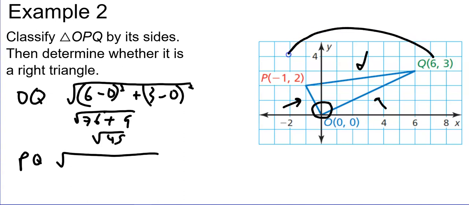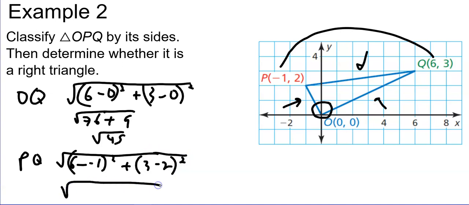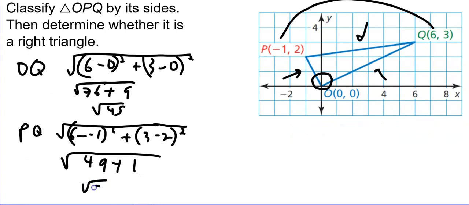Be careful here. 6 minus negative 1 is 6 plus 1, plus 3 minus 2, squared. You can probably see where this is going. 6 plus 1 is 7, so that's 49, plus 3 minus 2 is 1. So this is the square root of 50. So none of the sides are equal, which makes this scalene.